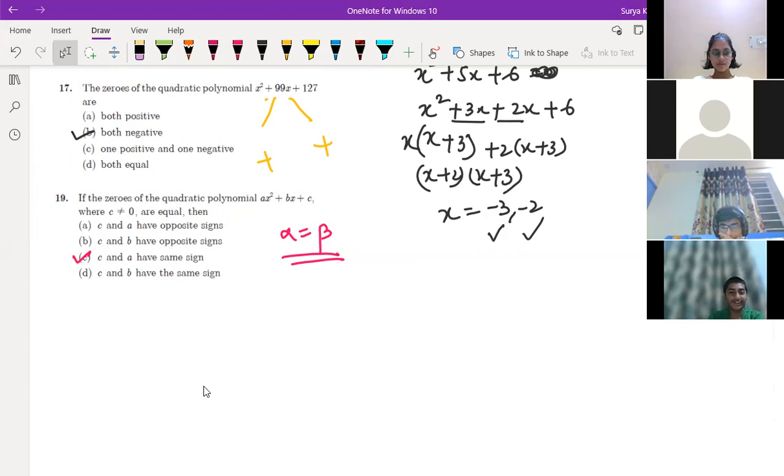In quadratic equations, A is not equal to 0, right? All the time. So here instead of that, they put C is not equal to 0. So we can put 0 instead of A. If A becomes 0, then it's not a quadratic polynomial only. But they're not asking that, sir. They're just asking about the signs. If A only becomes 0, then what will you solve?